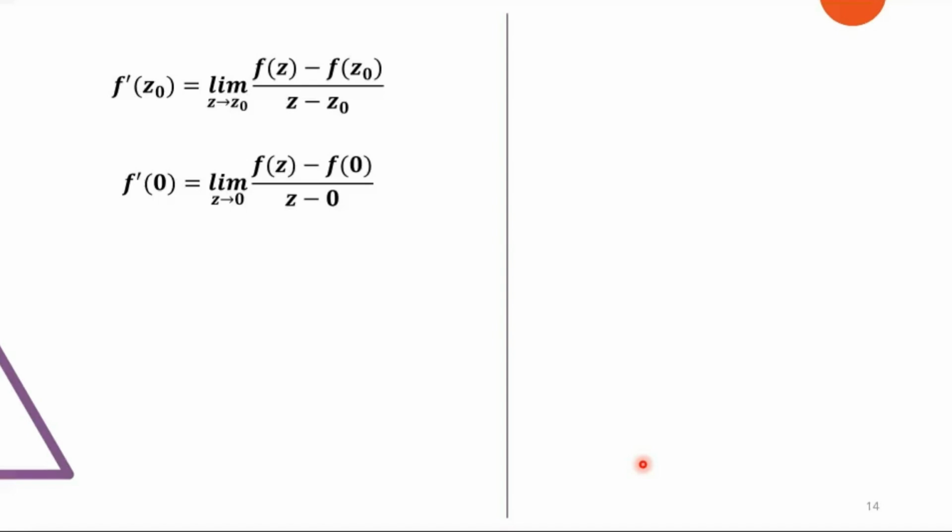Substituting for f of z, f of 0 क्या होगा? f of z is root of mod xy. इसमें अगर मैंने x और y को 0 पुट किया तो f of z को 0 put, the whole function will become 0. Root of mod xy minus 0 upon x plus iy. Put y is equal to mx. See whether the whole function is depending on m. Simplify करना है.